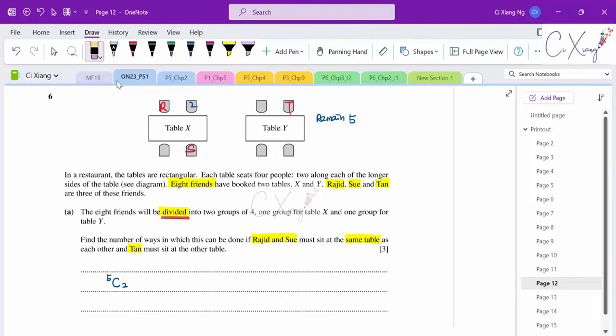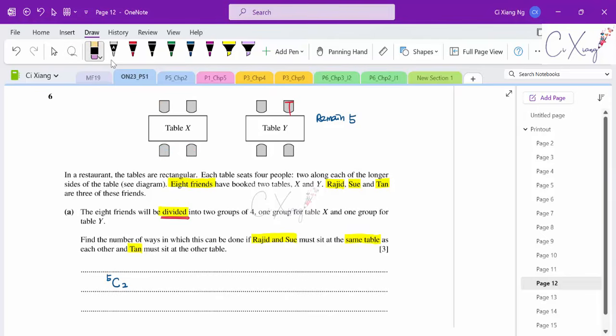If you put 5C3, that means you are putting them into Y, then the remaining 2 automatically go into X. So no matter whether you use 5C2 or 5C3, the answer is the same. For me, I'm using 5C2. So 5C2 means that I choose 2 persons and put them into table X first, then the remaining 3 into table Y. But this is one case.